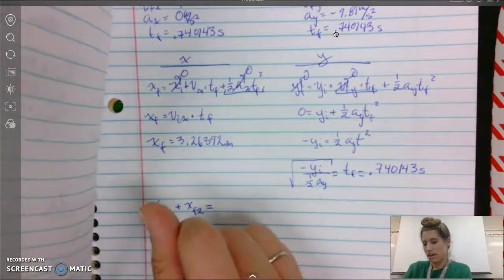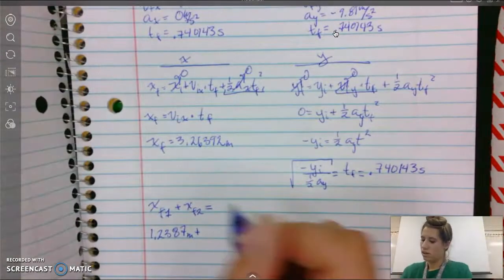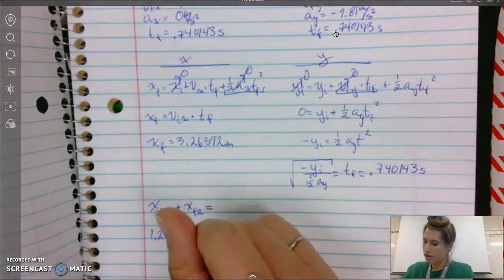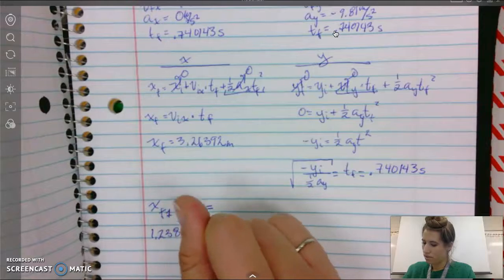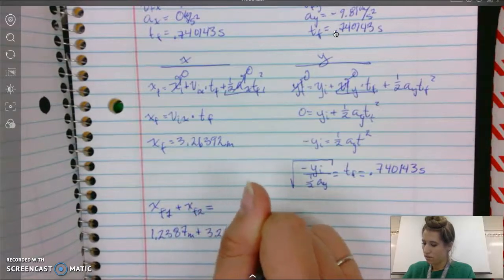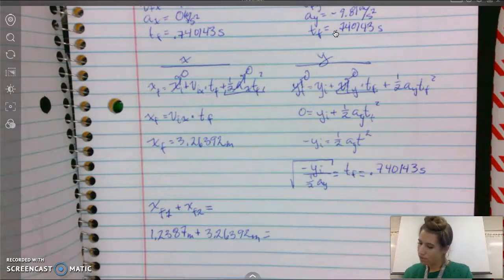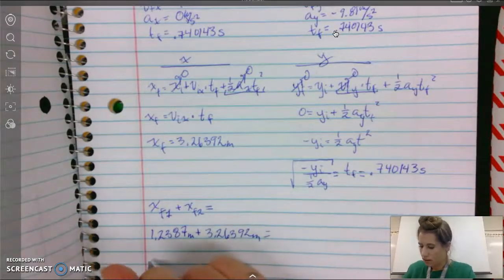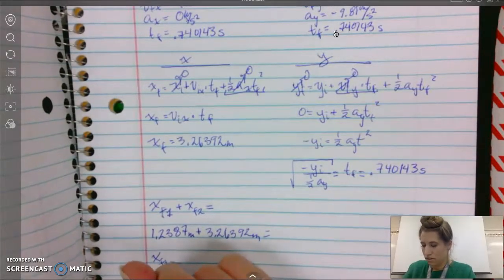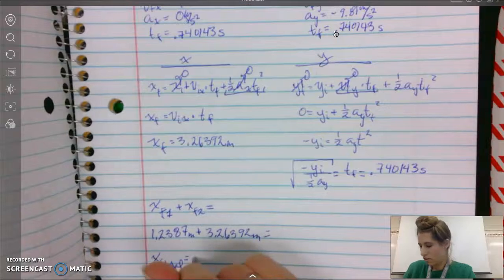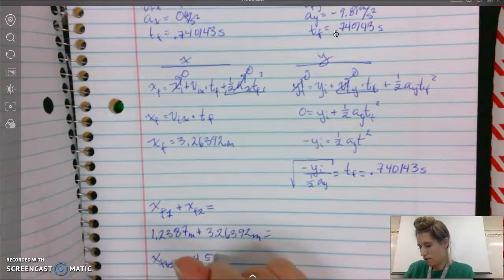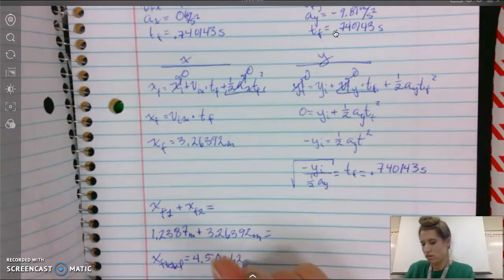I'm going to add that to x final of the second half, and I'm getting an x final total of 4.50262.